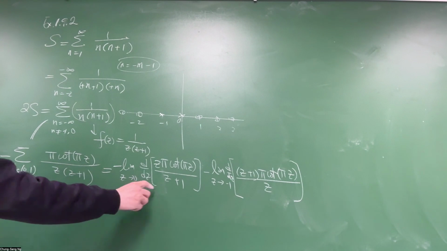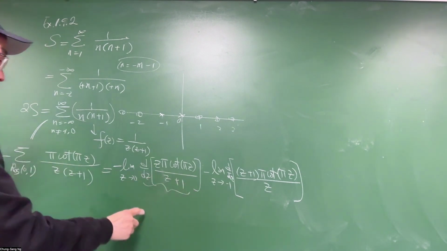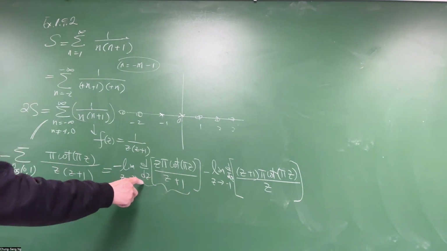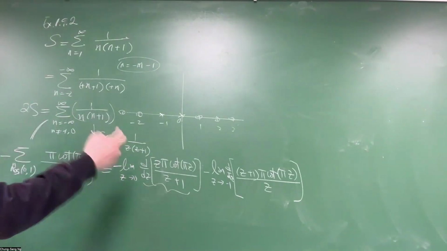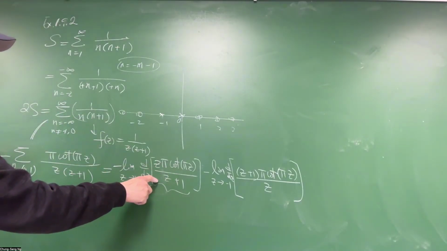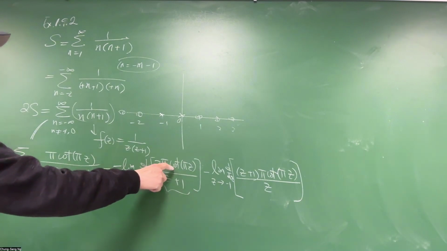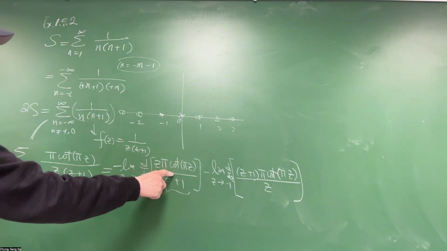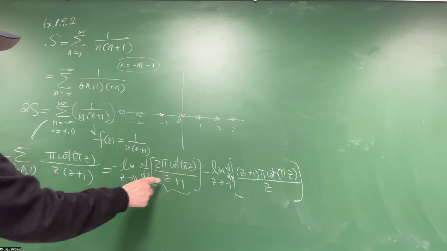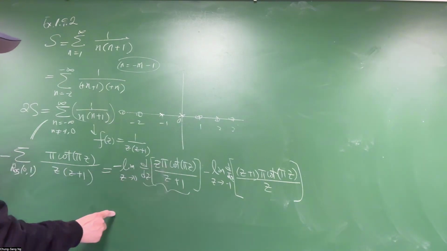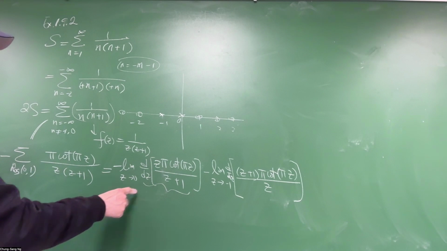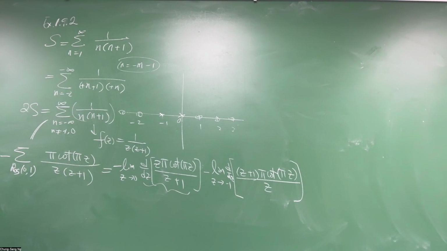Some space here. All right, for this one, then we take the derivative of cotangent. Cotangent is cosine divided by sine, right? I take the derivative of cotangent.